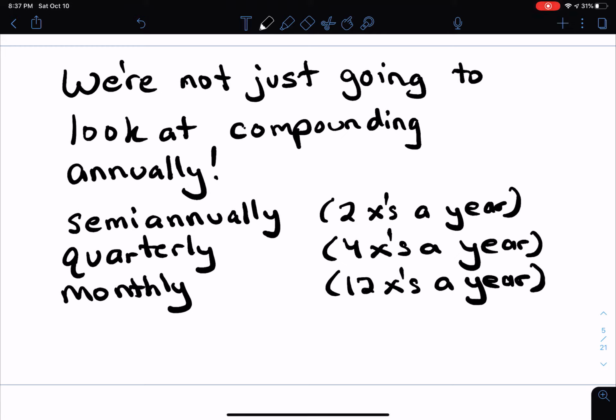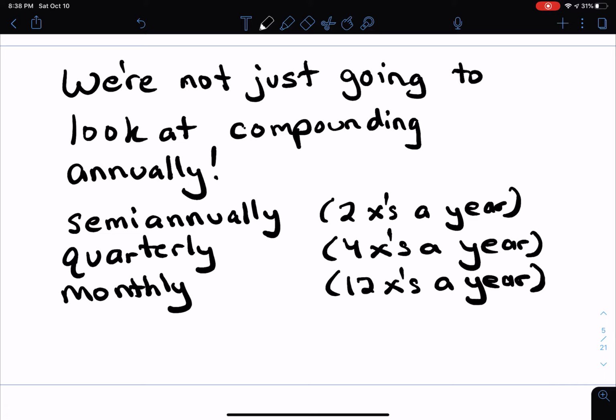So compounding periods means how often are we going to stop, look at what's in our account, and compute interest based on that exact moment in time, what's in our account. We pause, compute and add interest, and then move on. So if it's semi-annually, you pause in the middle of the year, see how much is in the account right then and there, compute your interest on that, add it in, boom, continue the rest of the year.